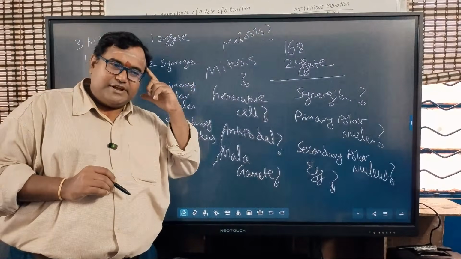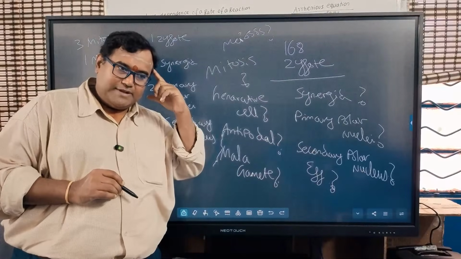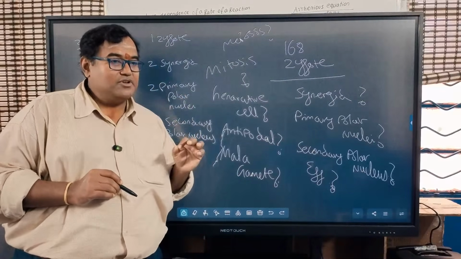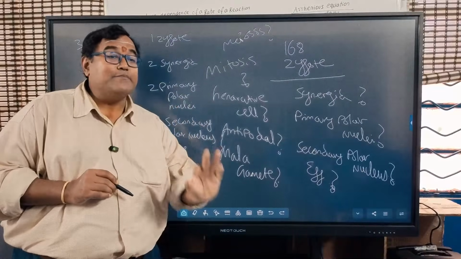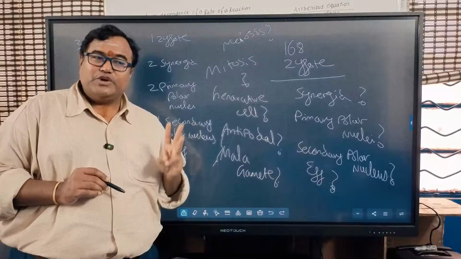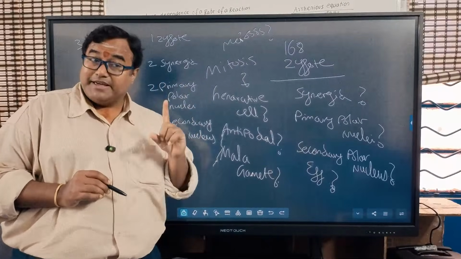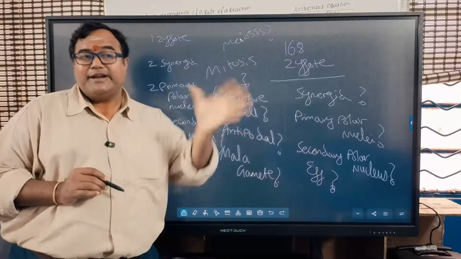How am I saying 3 mitosis, one meiosis? Just take your mind to the chapter Sexual Reproduction in Flowering Plants. There we discussed that for making an 8-celled embryo sac, we require 3 mitosis and one meiosis. It is already given in the NCERT textbook. By keeping that formula, they will bring any type of question.